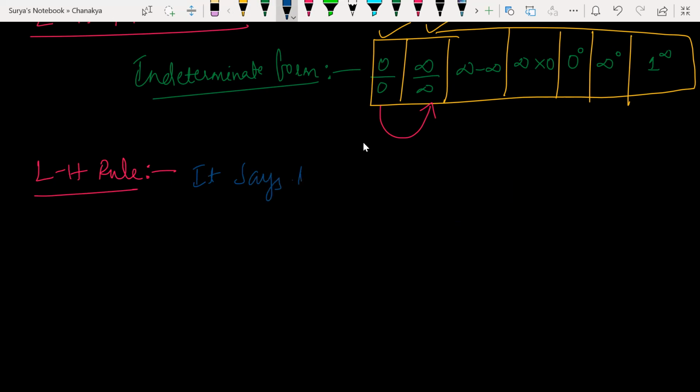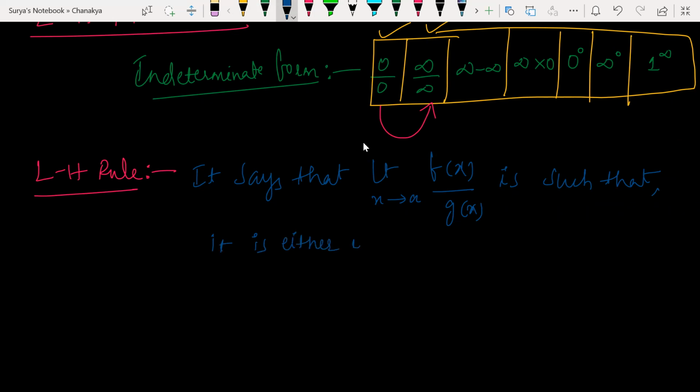It says that limit x tending towards a, f of x divided by g of x is such that it is either in 0 by 0 form or infinite by infinite form. Then what we need to do?